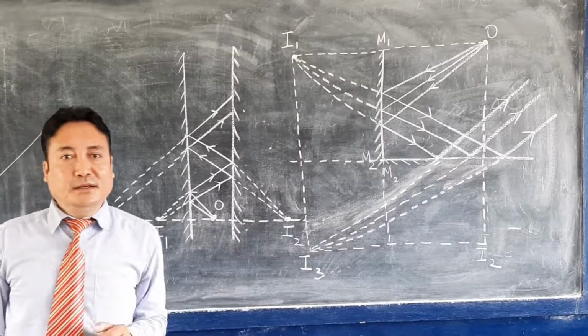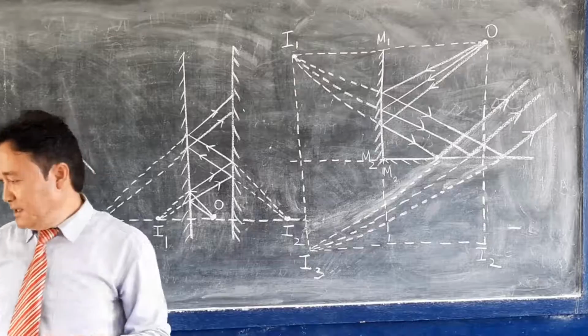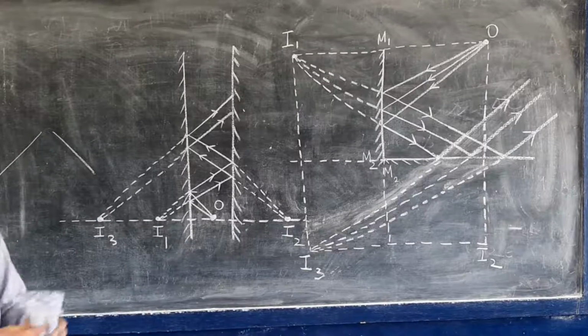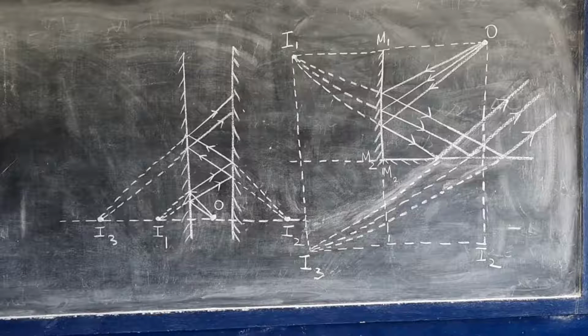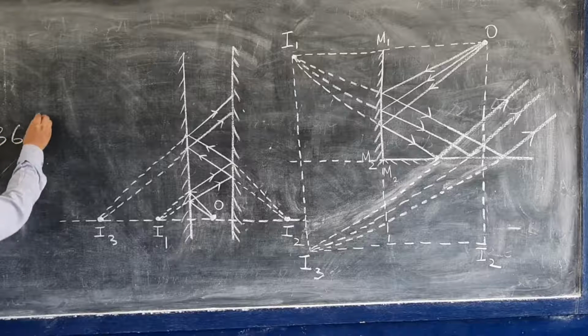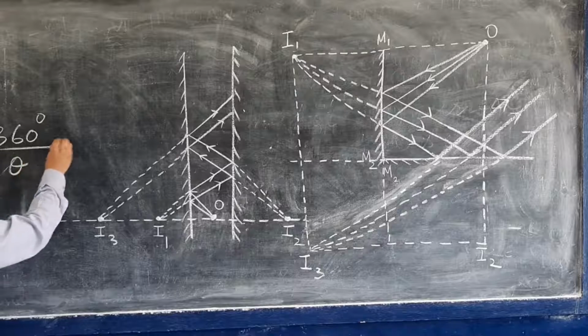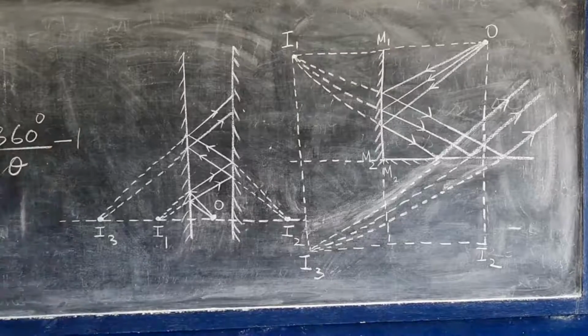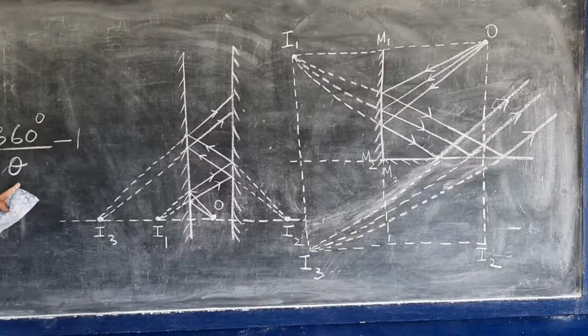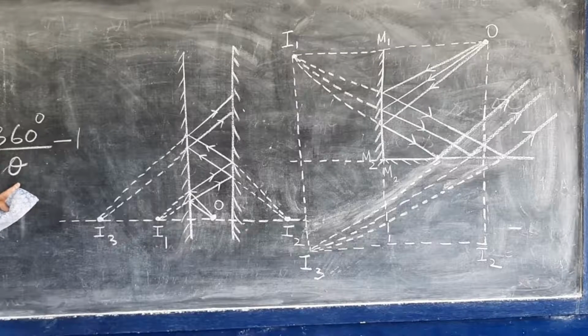now to find the number of images, you will use a relation, that is n equals 360 degrees divided by theta, minus 1. So n is the number of images, theta is the angle at which the two mirrors are kept.